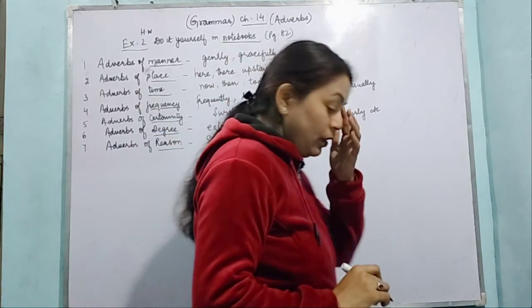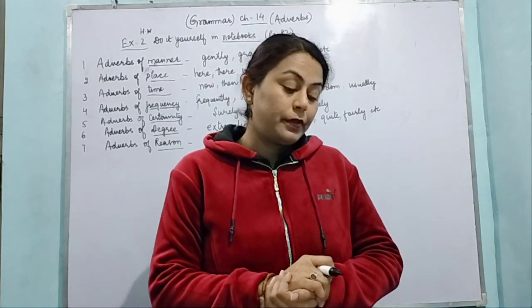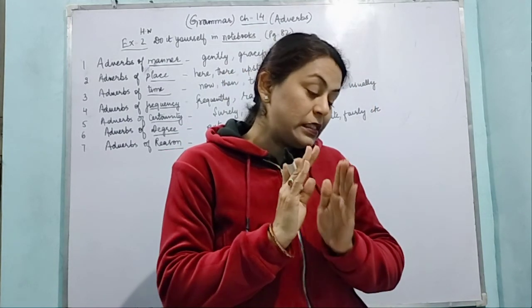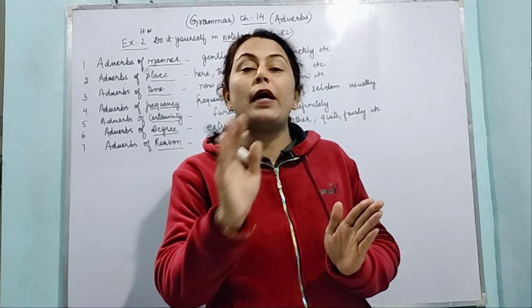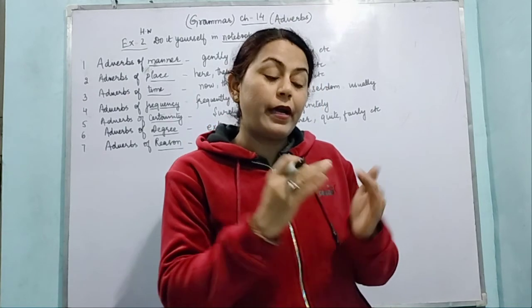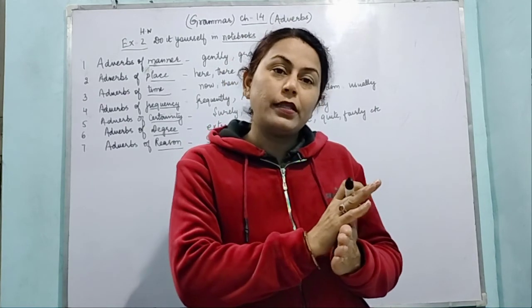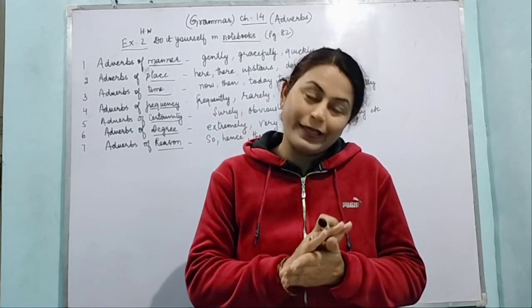For example, matters have gone worse, therefore I would like to stop here. Means ये आपको reason बता रहा है, कुछ ऐसा हुआ कि आपको ऐसा करना पड़ा. मैंने ऐसा क्यों किया? Why this action took place? Why I took this action? So you will tell the reason. So there we use these words: therefore, so, hence.